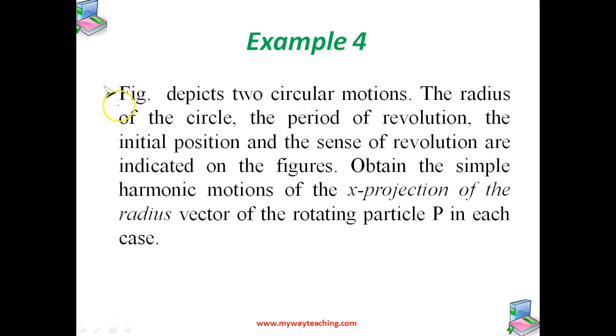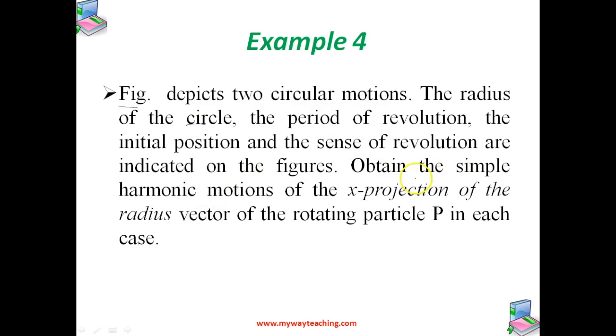The figures that we just saw, the projection on the x-axis and the projection on the y-axis, depict two circular motions. The radius of the circle, the period of revolution, the initial position, and the sense of revolution are indicated on the figures.